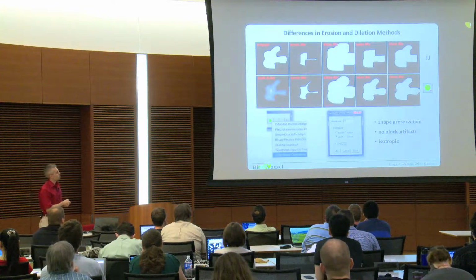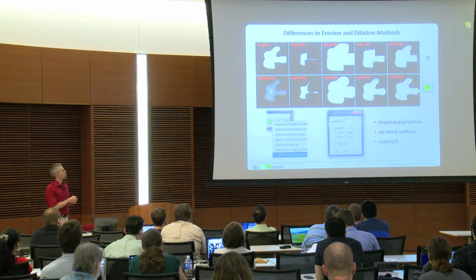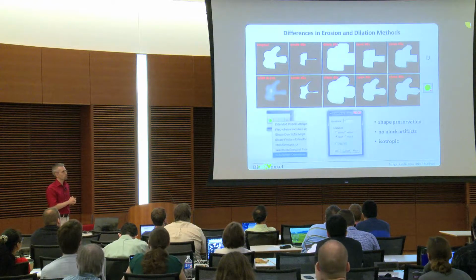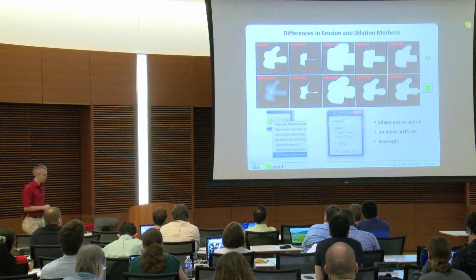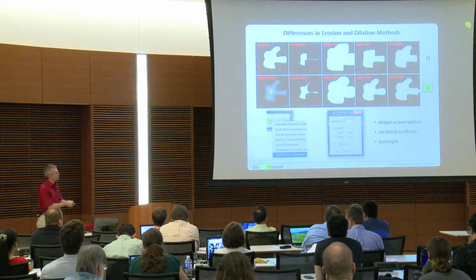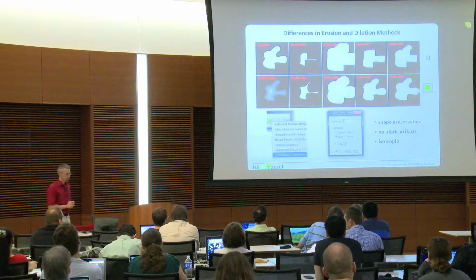Based on that, we can keep the shape a little bit better. So if we need to use higher iteration numbers of dilations, erosions, opening, closing, we can preserve the shape better and avoid these block artifacts because it's more isotropic.